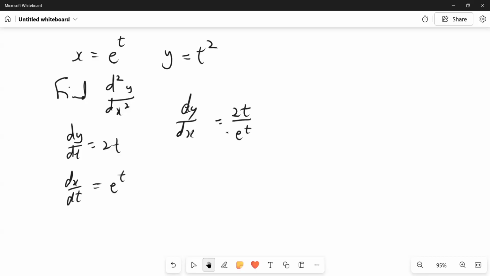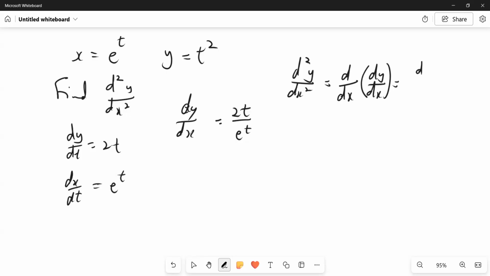If you remember the formula, I'm going to write it one more time: d squared y over dx squared is equal to d/dx of dy/dx, which is the same as d/dt of dy/dx, all over dx/dt.